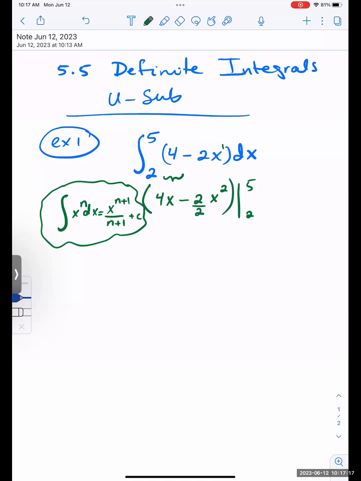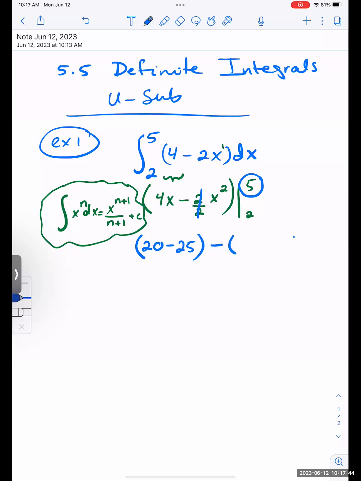Okay, great job. Great answers are coming through. Thank you. Awesome. Thank you, thank you. So let's do it. So now substituting 5, upper minus lower. So 4 times 5, 20, minus 5 squared is 25. So that's for the upper.